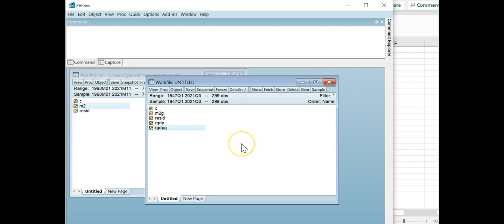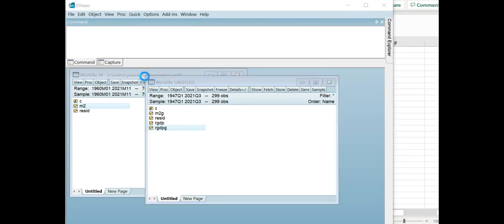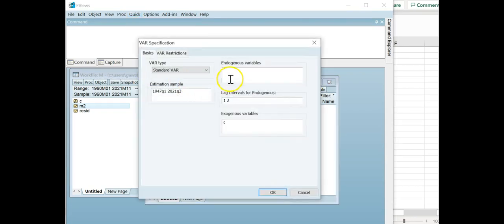Okay, so I want to run a VAR testing for the connection between M2 and real GDP. All right, so how do we do that? Very handy here, estimated VAR. And so this is really handy.